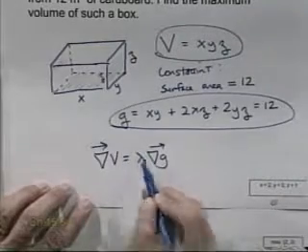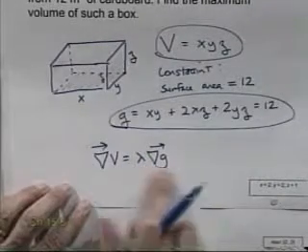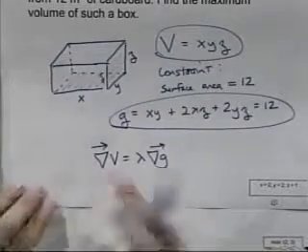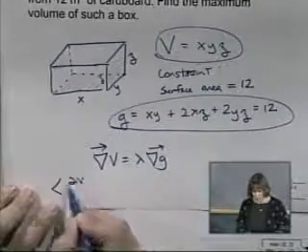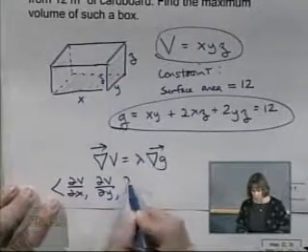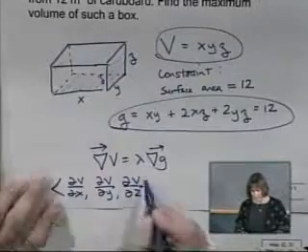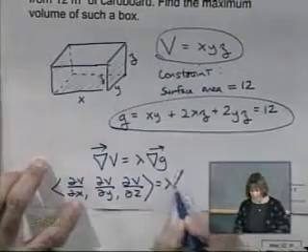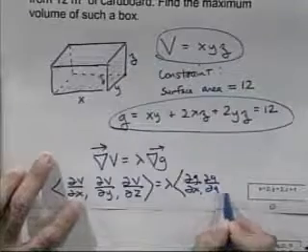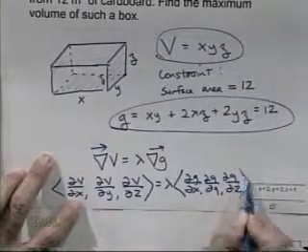That means I have to find some constant that I can multiply the one by to get the other. Now, what is the gradient? Remember what the gradient is. The partial of v with respect to x, partial of v with respect to y, partial of v with respect to z, must equal lambda times the partial of g with respect to x, partial of g with respect to y, partial of g with respect to z.